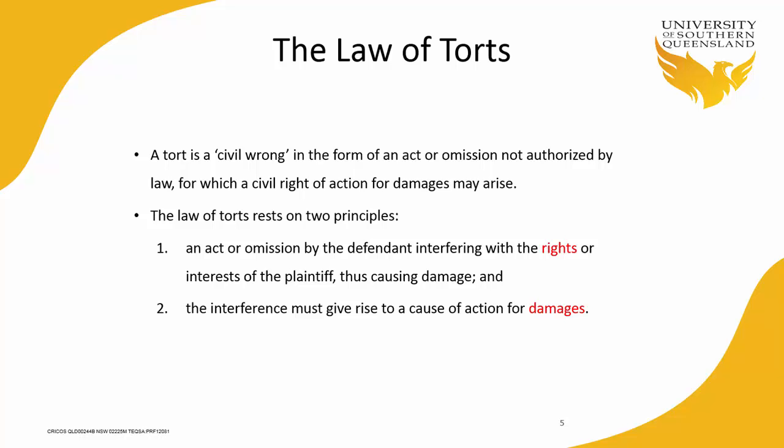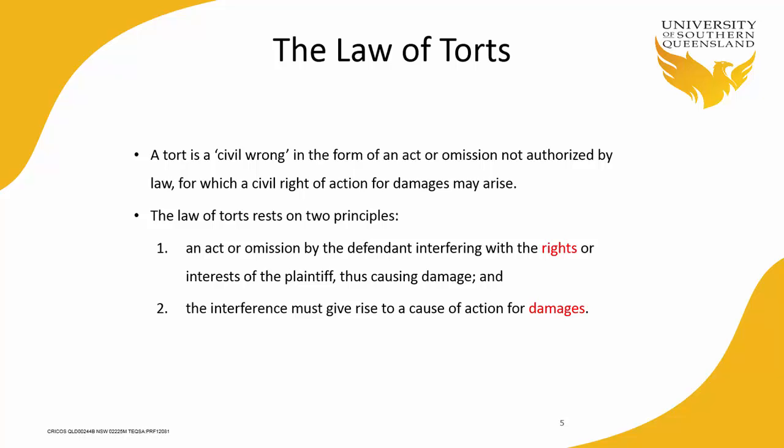The second principle on which this substantive area is based is that the interference must give rise to a cause of action for damages. So once you have established that there was this omission or an act that interfered with rights and interests, then you have to identify what cause of action we can bring to courts in order for us to establish damages.